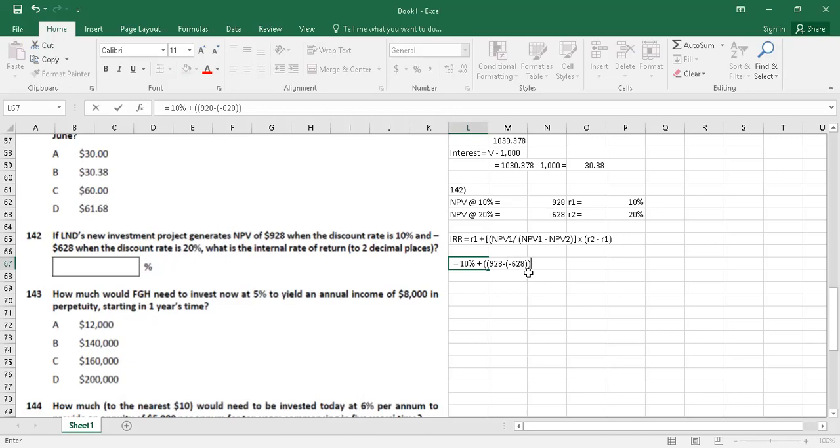Close the bracket. Fraction into, we have just 20% minus 10%.